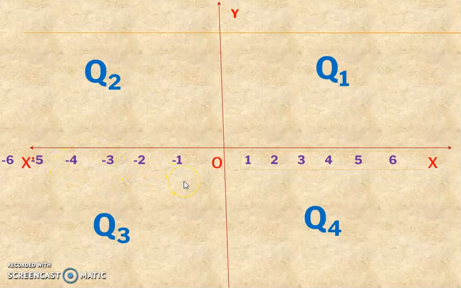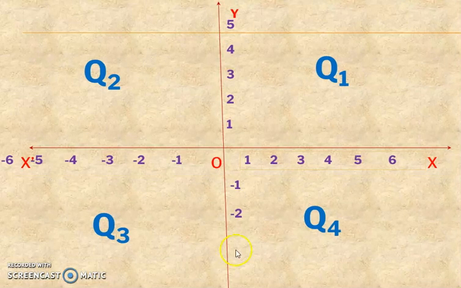Similarly, we have positive values for the y-axis here, upwards, all the positive side of the y-axis, and the negative values of the y-axis downwards.